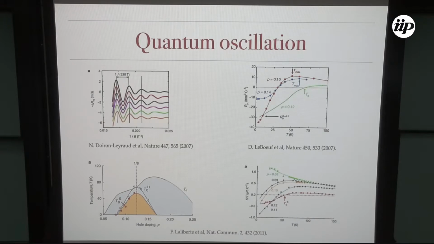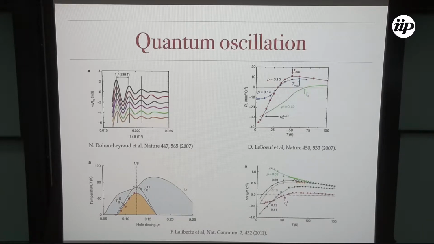But a new stage of the investigation of the cuprates was started by the discovery of quantum oscillation, made by Doiron-Leyraud in 2007.